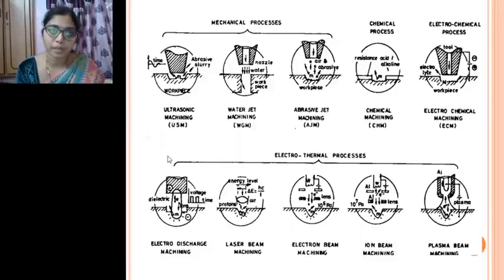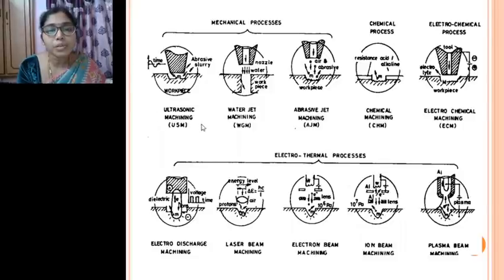Erosion type of mechanism. The mechanism of material removal is the same, but we use different sources or mediums to remove the material from the surface.